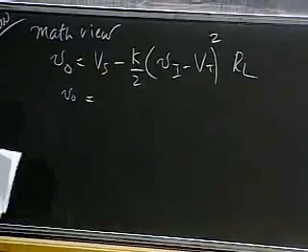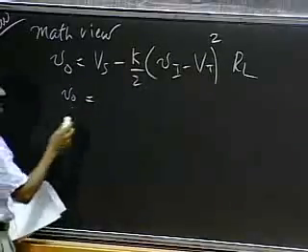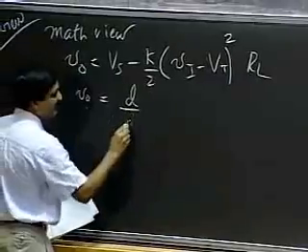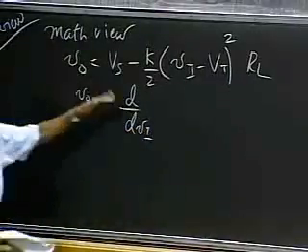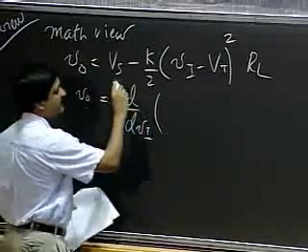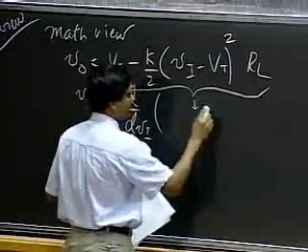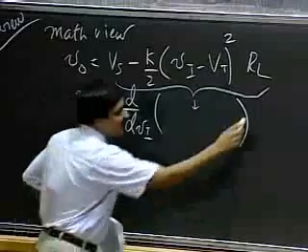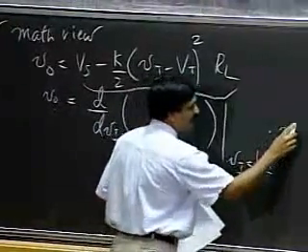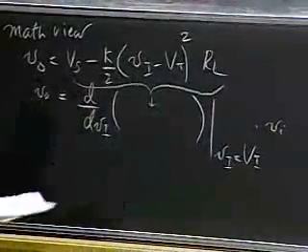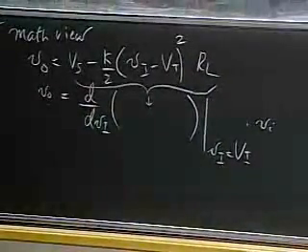And mathematically, I could get the small change in the output V0 by simply differentiating this function with respect to Vi, evaluating that function at capital Vi and multiplying by the small change in the input. Okay?